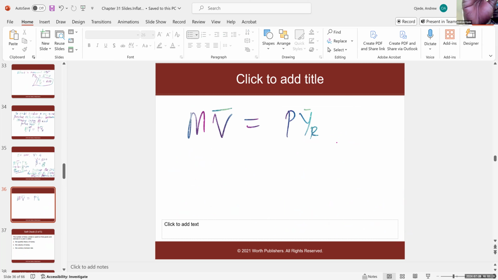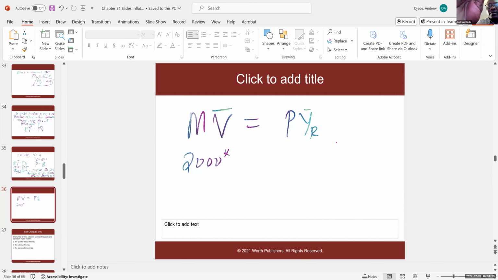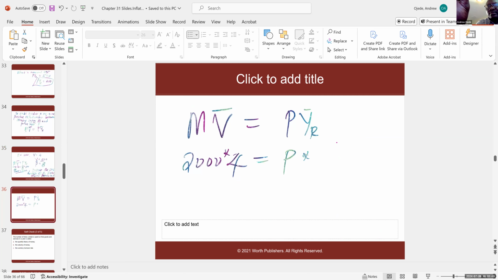So now the Fed has increased the money supply to 2,000. Velocity, by assumption, is still 4. Now we want to see how price changes when we keep real GDP constant, because real GDP does not change by assumption. It's still 500. Now we solve for the new price level.